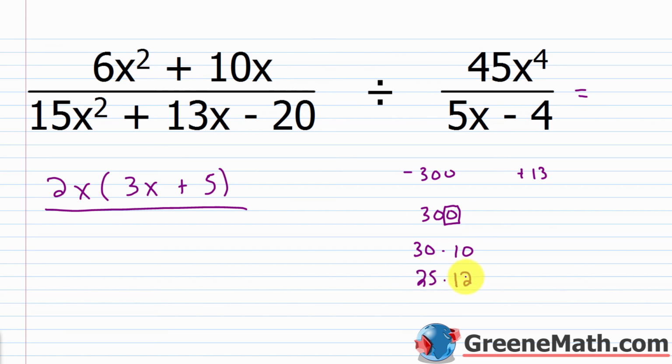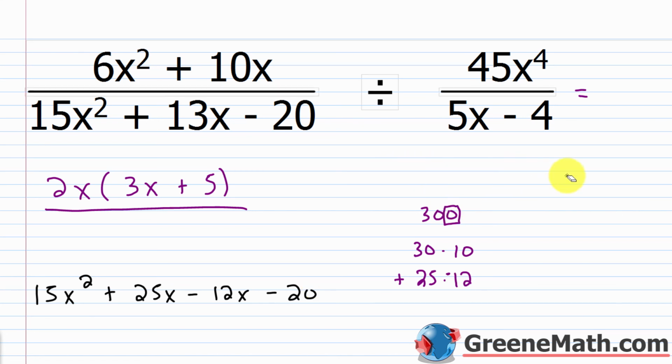Now 25 and 12, if I play with the signs, can produce a positive 13 as a sum and a negative 300 as a product. I would want positive 25 and negative 12. So let's use that to rewrite that middle term. So we're going to say this is 15x squared plus 25x minus 12x minus 20.